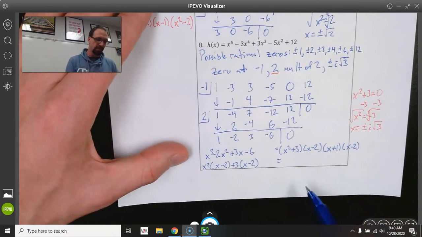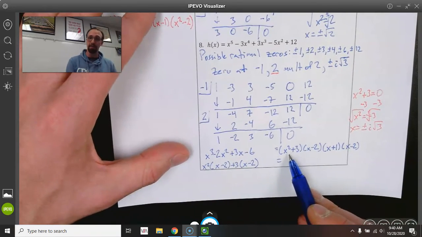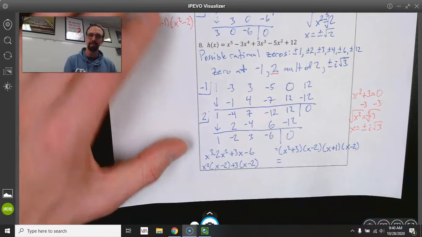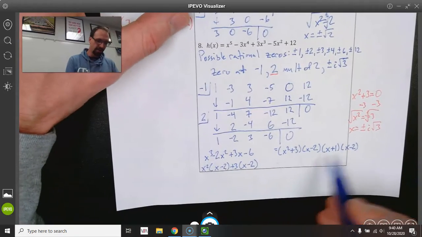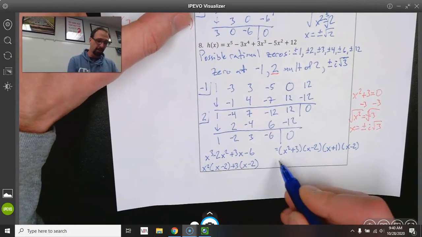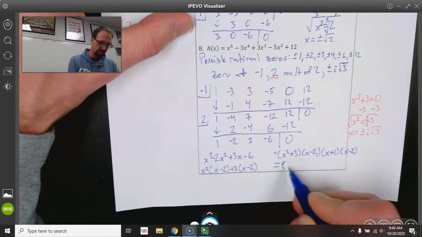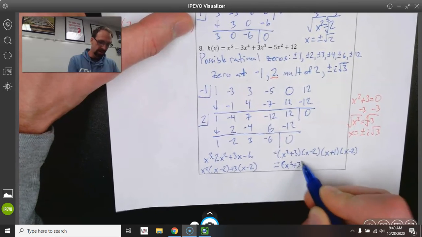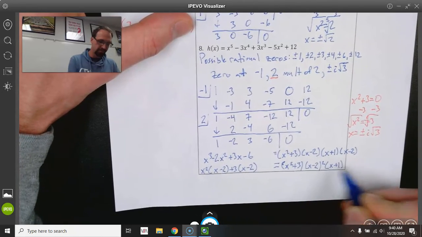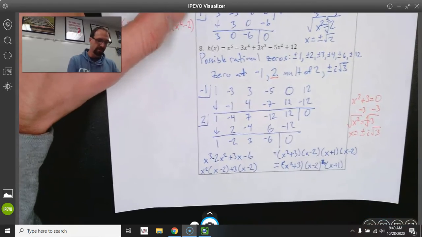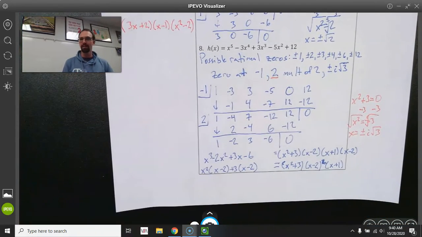When I write it in completely factored form, this is how I would notate it: x squared plus 3, x minus 2, x plus 1. What I can do though is combine the x minus 2's to make it x minus 2 quantity squared, and then x plus 1. And that is the polynomial completely factored out and the list of my zeros.